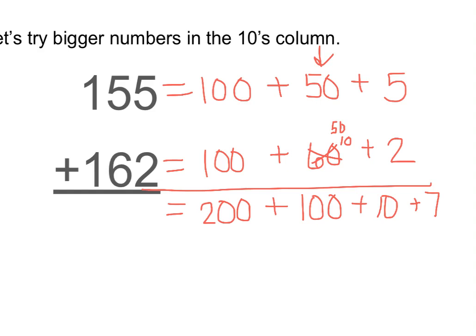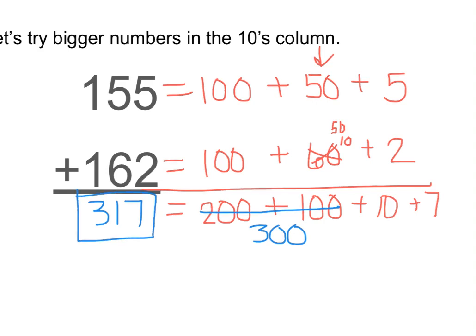Notice now that we're going bigger in the tens column, the like terms we need to add is actually in the hundreds. So 200 plus 100 equals 300, plus 10 plus 7 equals 317. Great job with those bigger numbers.